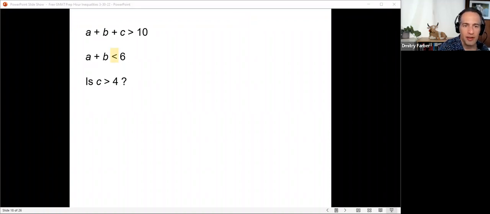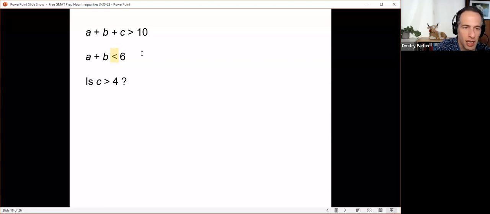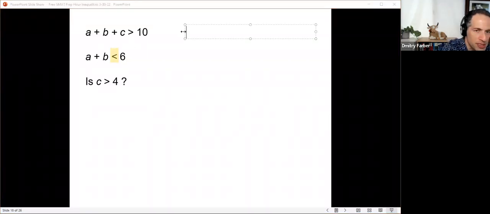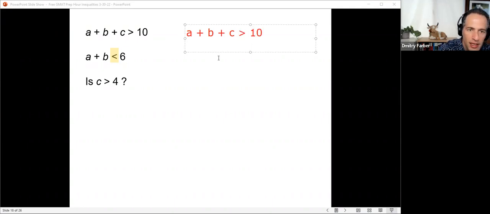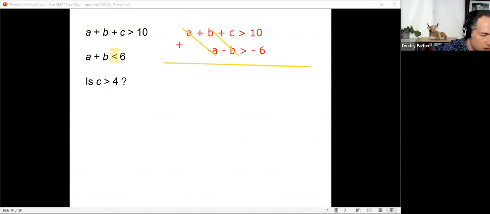In a sense, I think of it as flipping it around and adding negatives, but you can subtract in that sense. You can say, all right, a plus b plus c is greater than 10, and then I can say negative a minus b is greater than -6. You add these, this is different than what we had before, right? It changed the problem. Now I can say, hey, the a's cancel, the b's cancel, and suddenly I know that c is greater than 4.